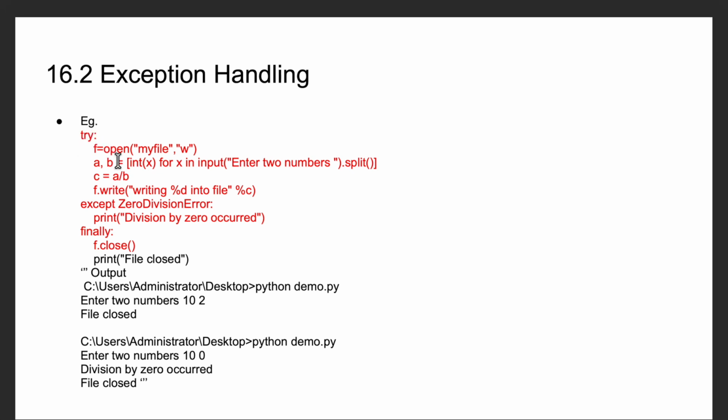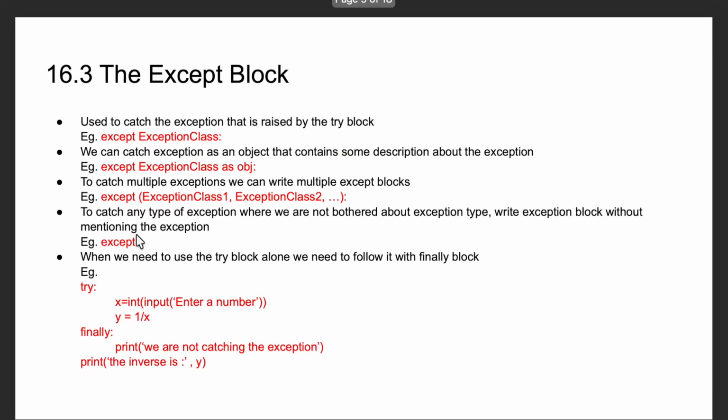We can try some code, and if it fails, then we catch whichever error we expect to occur. And then there is the finally clause, which runs irrespective of whether the error has happened or not. So that is try, except, and finally.